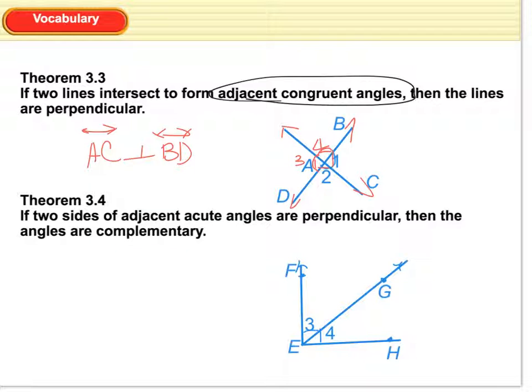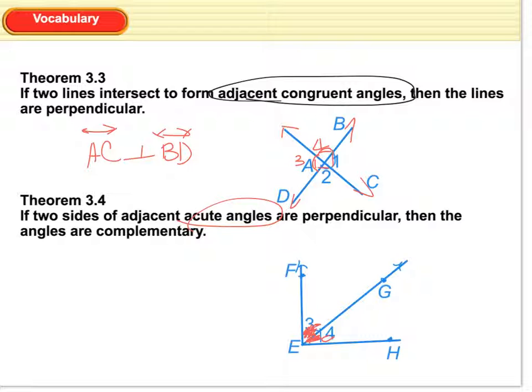So that's theorem 3.3. Theorem 3.4 says if two lines form adjacent acute angles, notice that angles 3 and 4, 3 is here, 4 is here. These two angles right here. They're both acute angles, and when you put them together, they're adjacent.